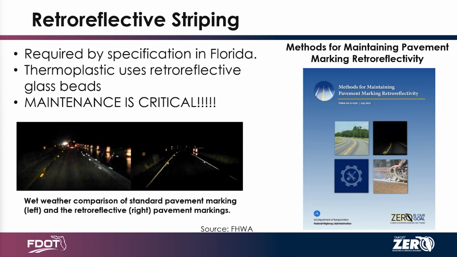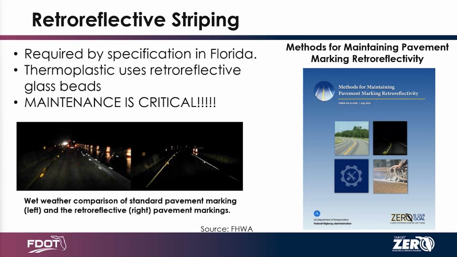And then we have retroreflective striping. This is also required by specifications in Florida, and thermoplastic uses retroreflective glass beads. Similar to the signs, maintenance is critical. A lot of times when I'm out in the field, we see those retroreflective pavement markings come loose.